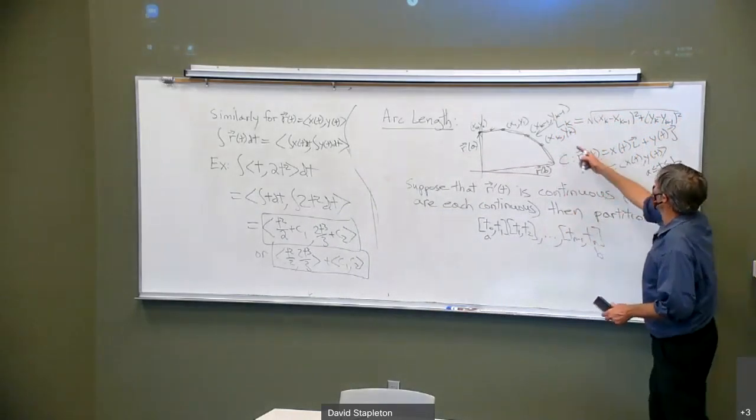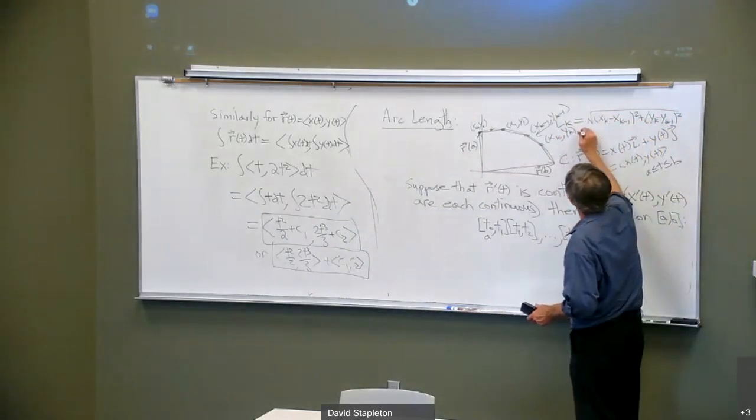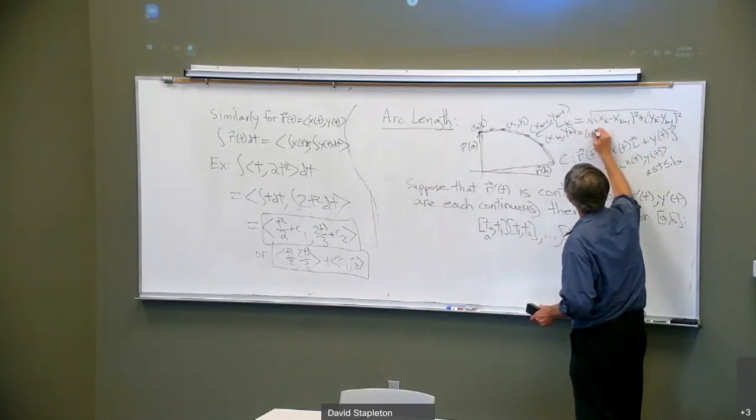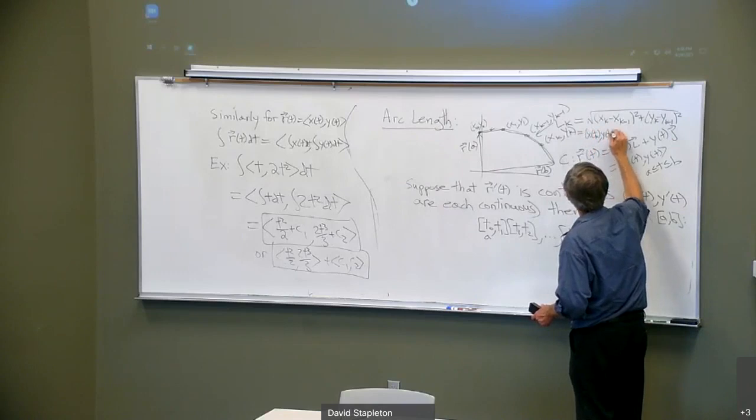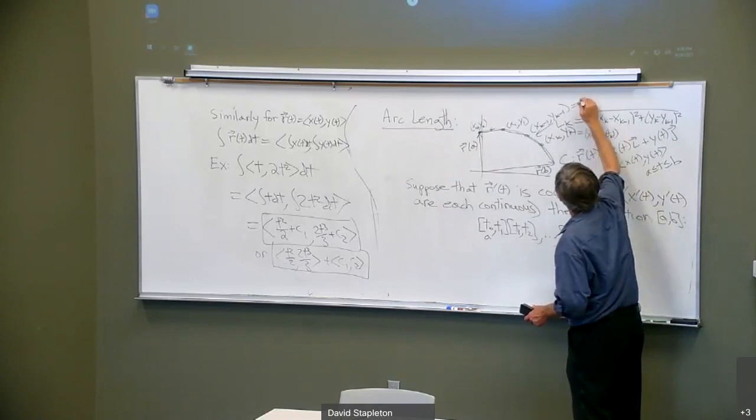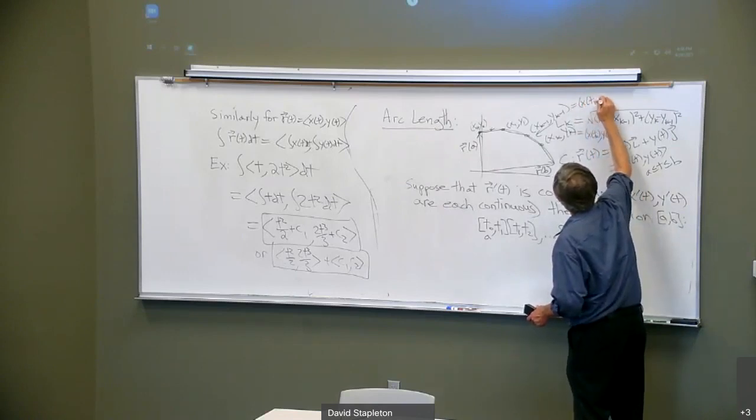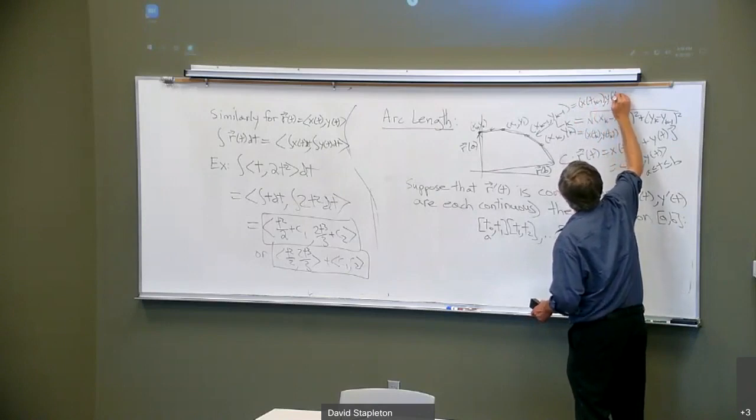But what are these points here? xk means x of tk, and yk means y of tk. And similarly over here, this means x of t(k minus 1), y of t(k minus 1).